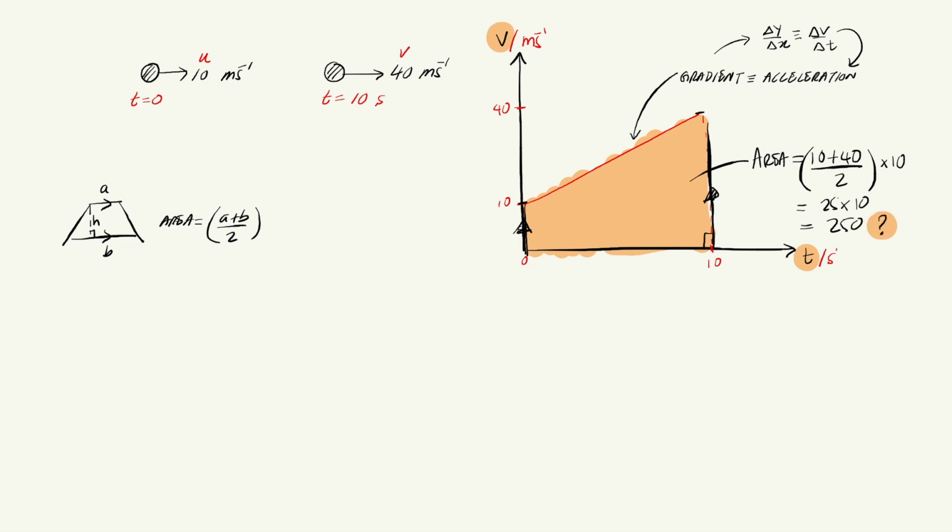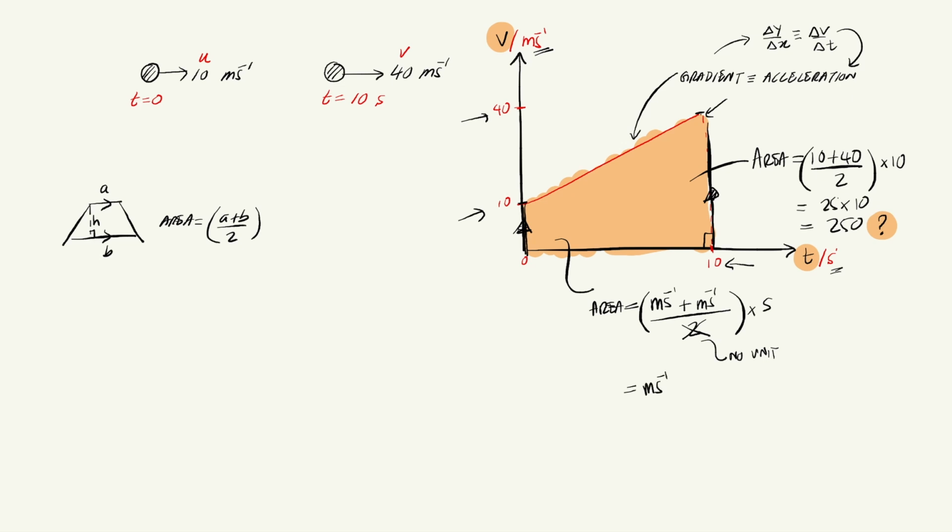250 what, though? Let's find out by working through the units instead of the numbers. The 2 parallel sides are both measured in meters per second. Adding 2 quantities in meters per second still gives you meters per second. The height is measured in seconds, and the divide by 2 has no unit at all, since 2 is just a number, not a physical quantity.